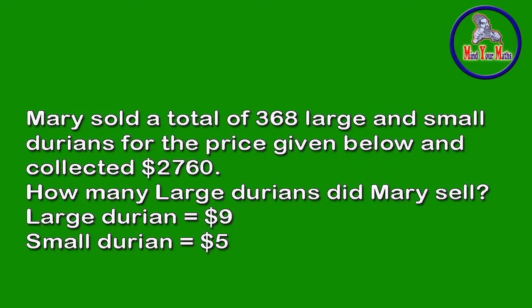Mary sold a total of 368 large and small durians at the price given below and collected $2,760. How many large durians did Mary sell? The large durian's price is $9 and the small durian's price is $5.